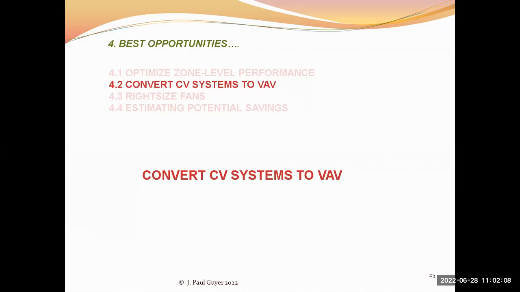So the typical airflow requirements for VAV systems are only about 60% of that of constant volume systems. So you're moving less air, and therefore you're using less energy, so about a 40% savings, more or less, in energy is potentially available.